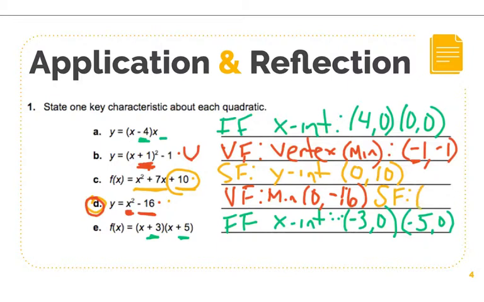My y-intercept would be at 0 when x is 0, and negative 16, because if the x were 0, then negative 16 would be my y-intercept. Okay, you guys get the point. That's the y-intercept.